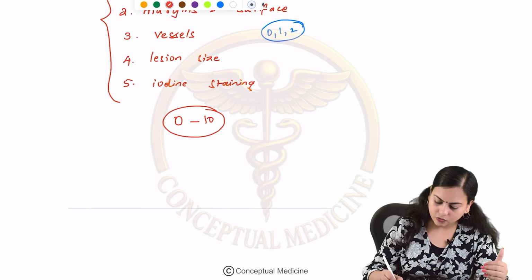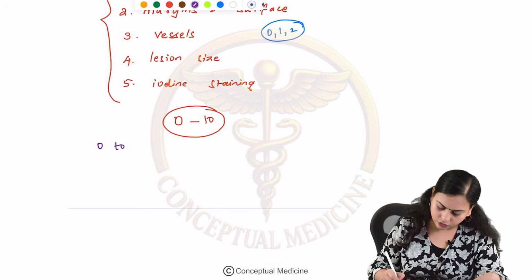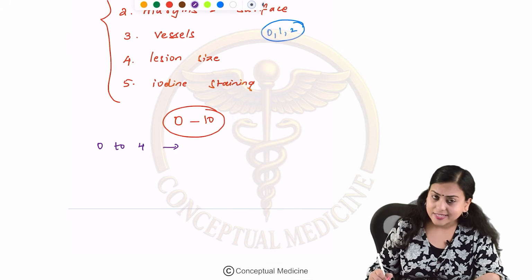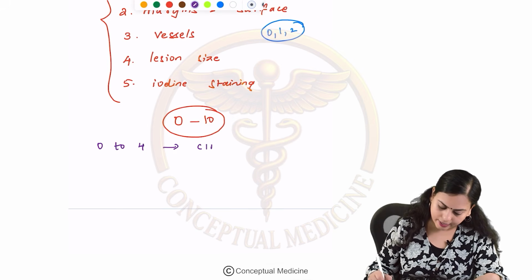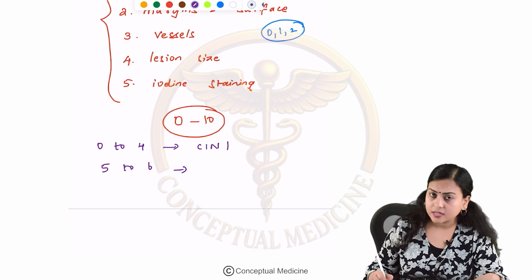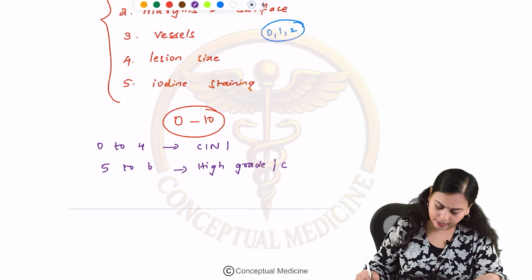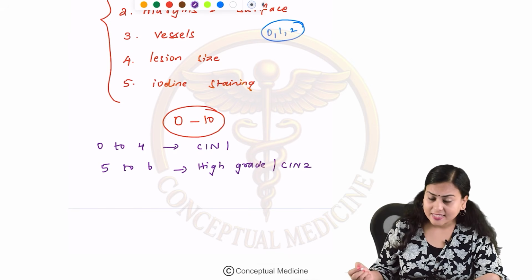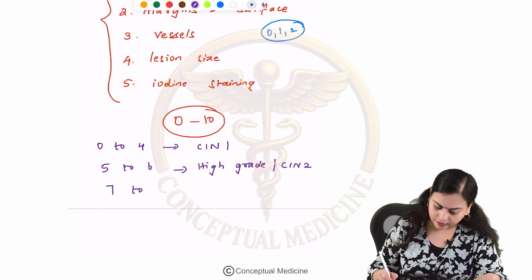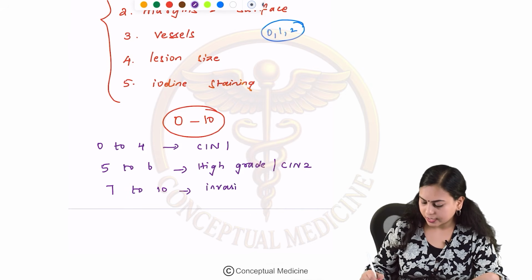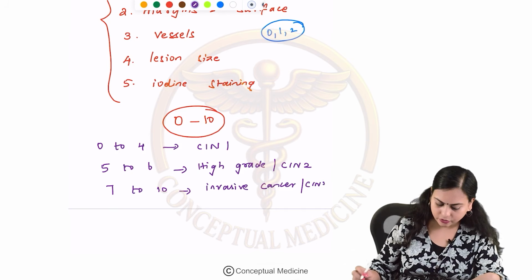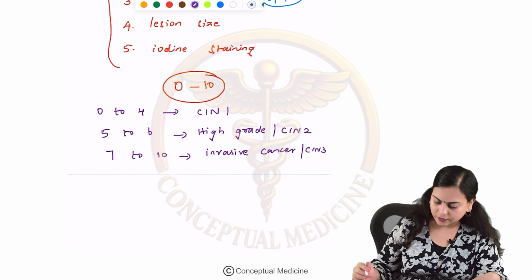So if the score is between 0 to 4, then it is interpreted as CIN1. Score 5 to 6 is interpreted as a high grade lesion, or CIN2, and then score 7 to 10 is recorded as suspected invasive cancer.